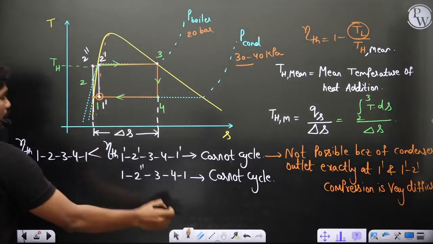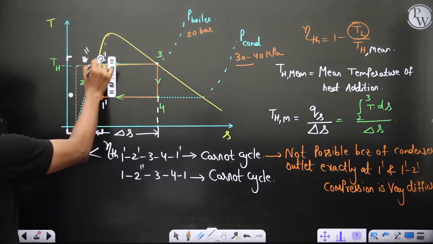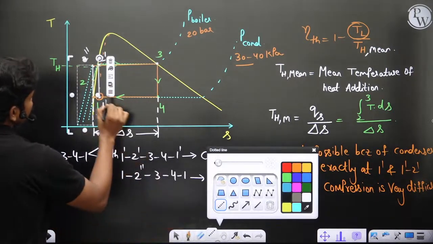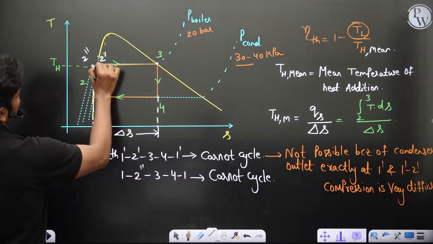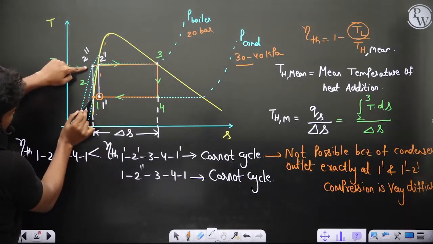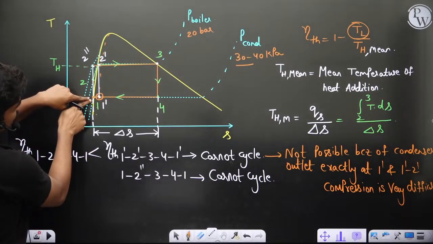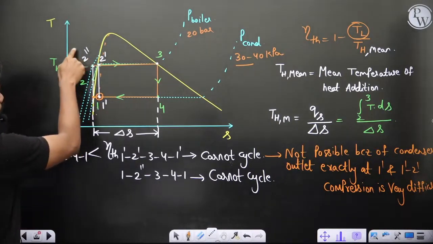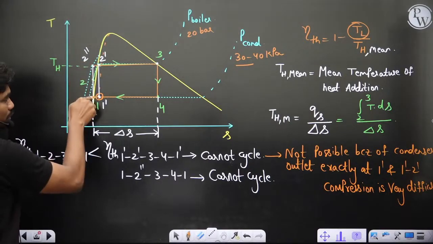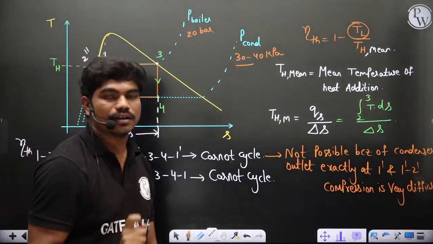So for a pressure difference of such a big range, this process 1 to 2 is actually coming here. If you think of a line which should pass through the constant pressure process here, and it goes like this, means to this particular pressure, if you want to directly compress the fluid from 1 to 2'', you see this pressure ratio P1 and P2''. P2'' is some thousands of times of P1, yes or no? So practically using pumps, we cannot take it to such high pressures.